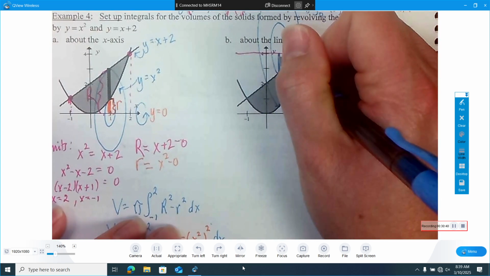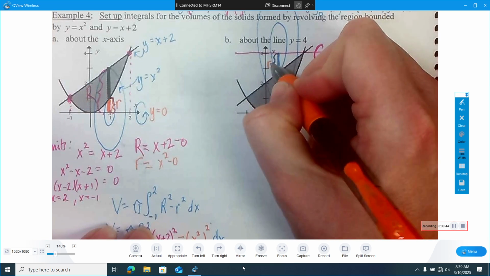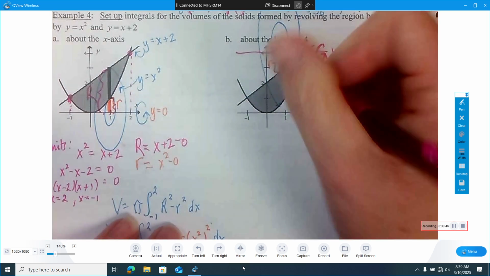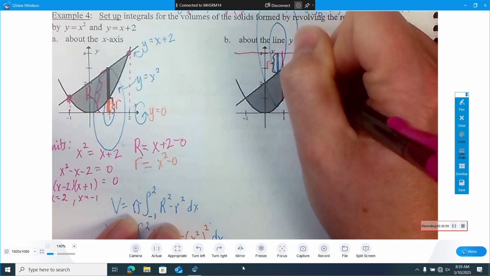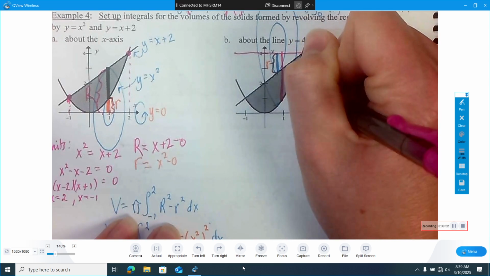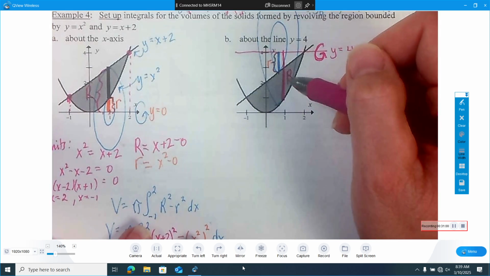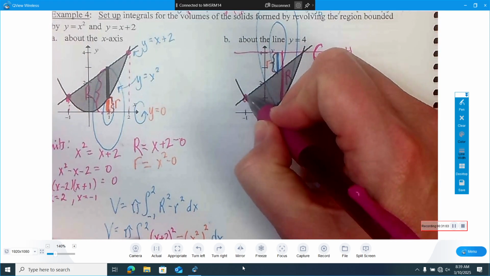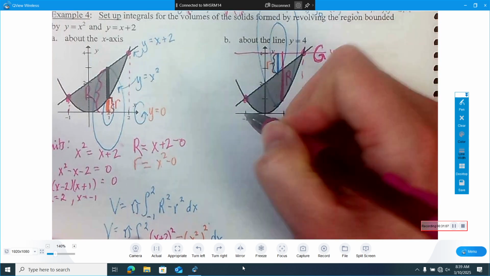And so we have this inside radius, so I'm going to call that little r here. And then this big radius, there's big R. All right, we are still integrating vertically, so we're still going from -1 to 2.